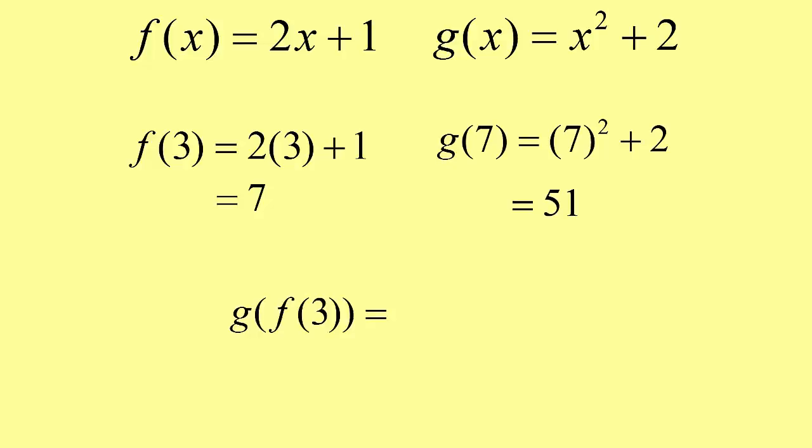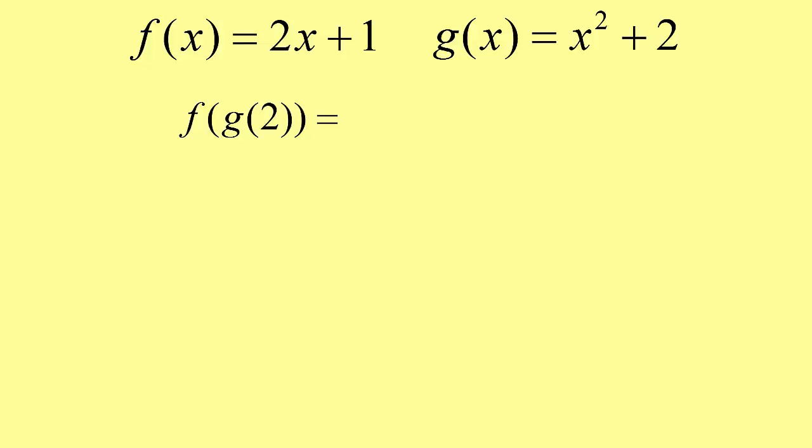Now have a look at this. This means start with the f function and plug a 3 in. Now we've already done that. That comes out to be a 7. And so then we want to evaluate the g function with a 7. This is called function composition.